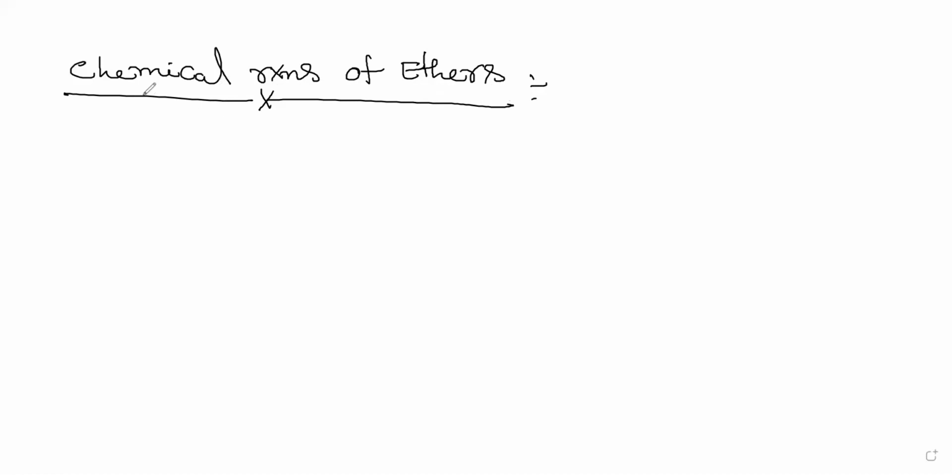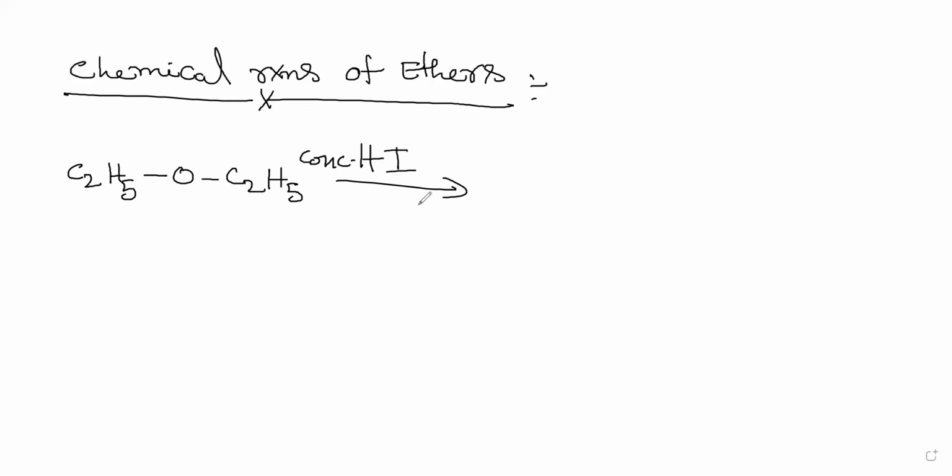For example, if you have C2H5 O C2H5 reacting with concentrated hydroiodic acid at some temperature like 373 Kelvin, in the first step you get C2H5I plus C2H5OH.